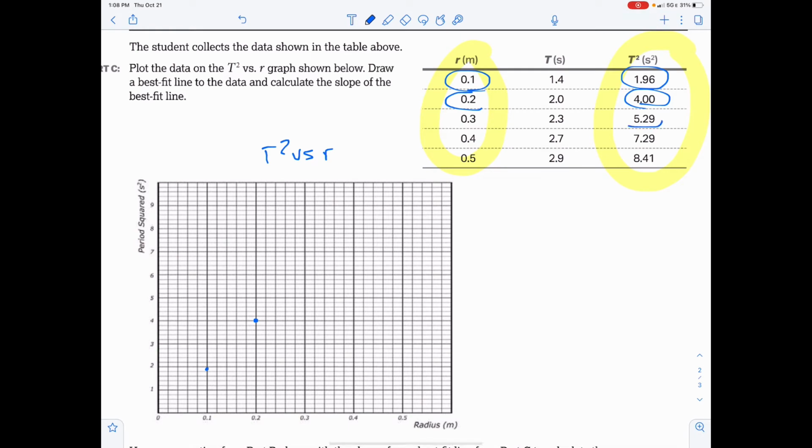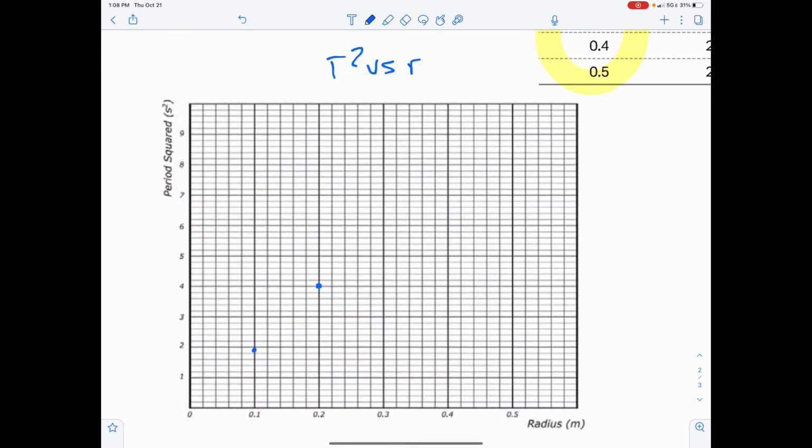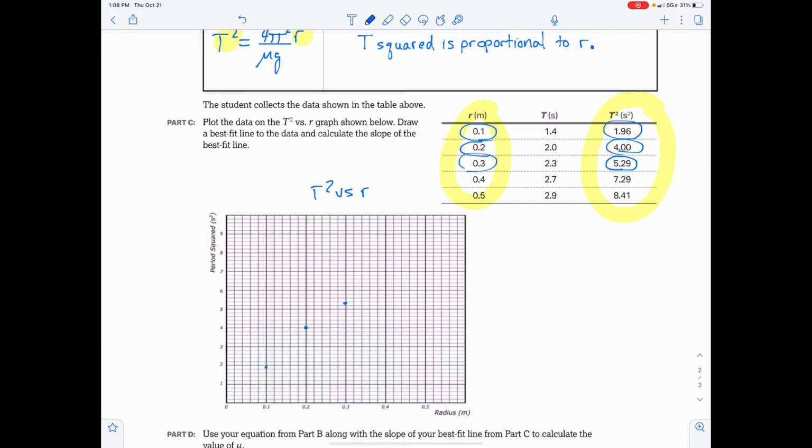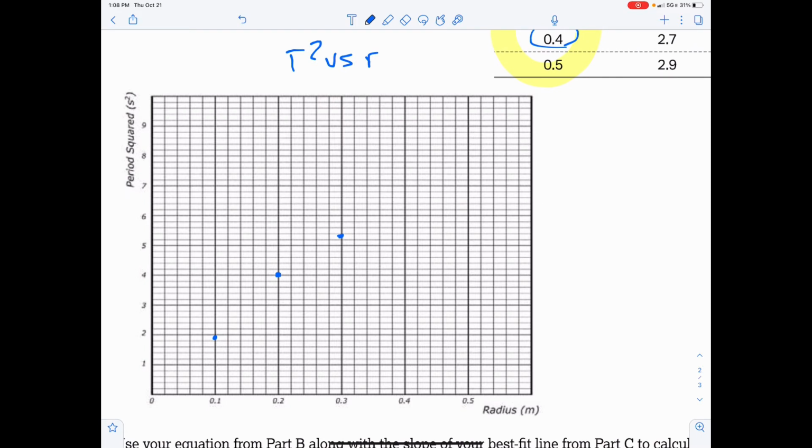The next one, we're at pretty close to 5.3 and 0.3. So here's 5.2, 5.4, so 5.3 is right in the middle. Then we're going to go to about 7.3 over 0.4, up 7.3.